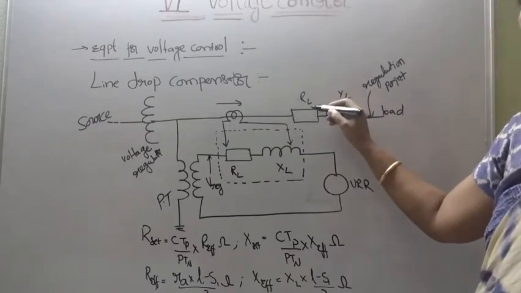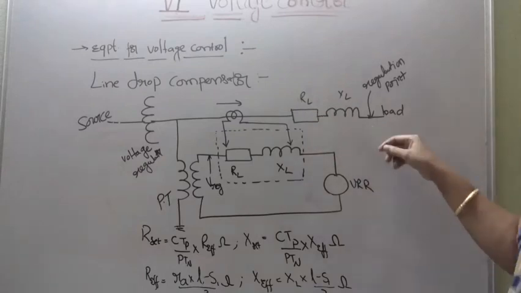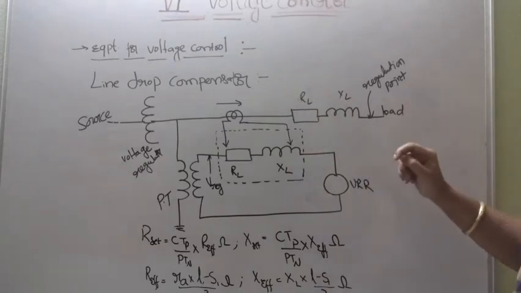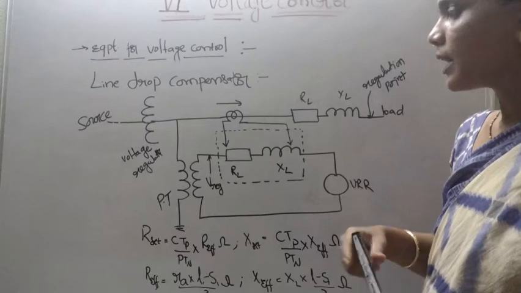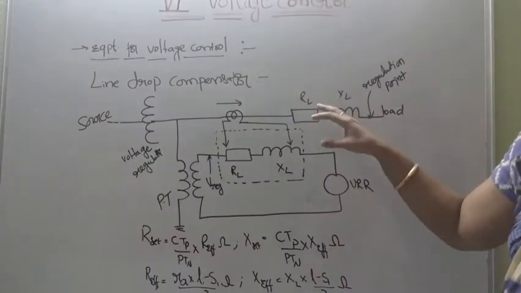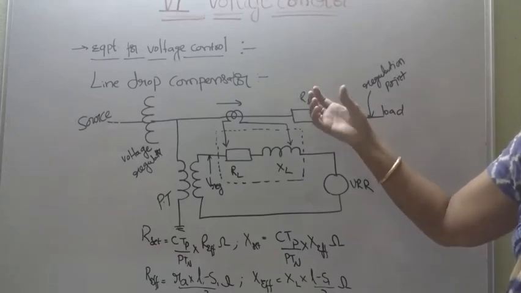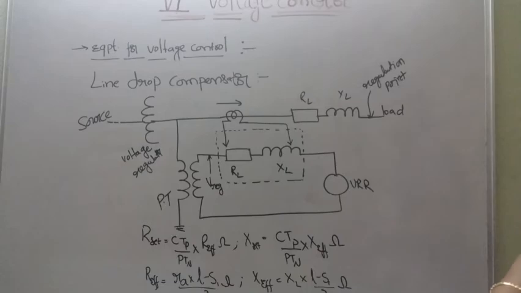These are the resistive load and the inductance of the line. This is the regulation point. So externally, we control the voltage by connecting this device at the line or feeder. Okay, so how is it operating?